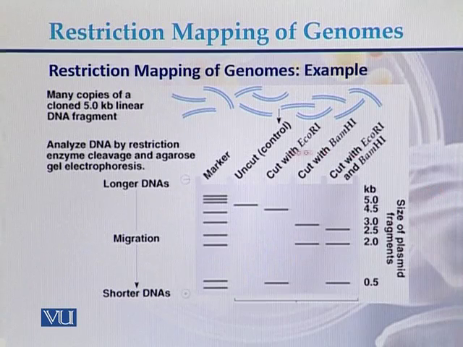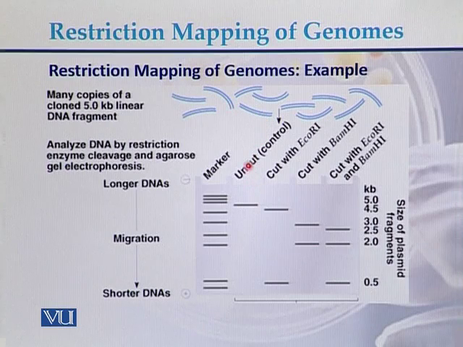Let's take an example of how restriction mapping of the genomes is performed. We have a DNA whose size is 5 kb, a linear fragment. We cut this DNA with two different restriction enzymes.